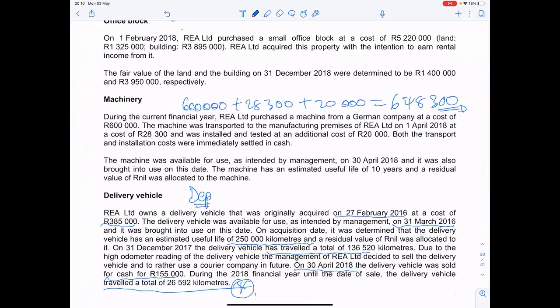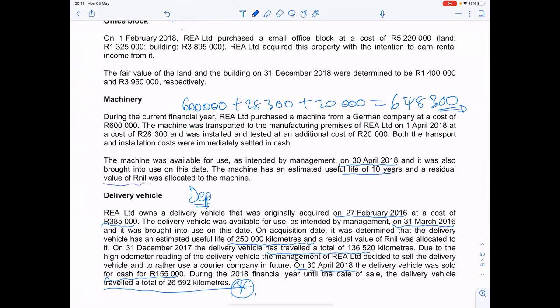Then you are going to look at your depreciation. Now, our depreciation is going to be charged when the asset is ready and available for use until the end of the year. So how much is our depreciation in the current year? It was available for use on 30 April, and it has the useful life of 10 years.